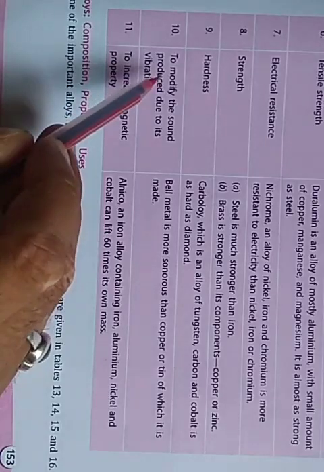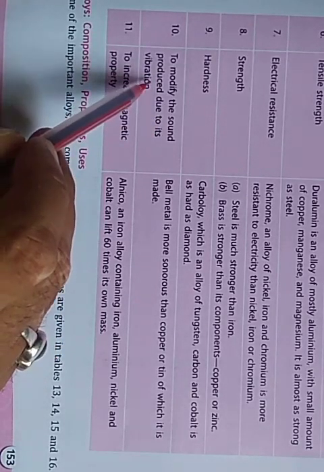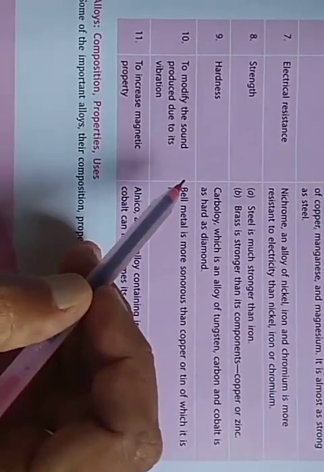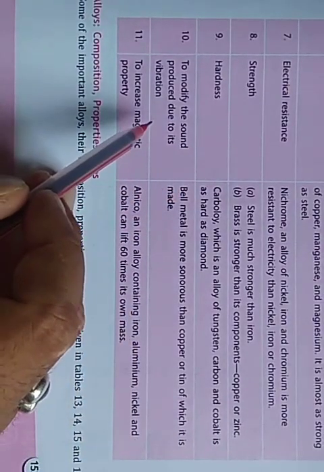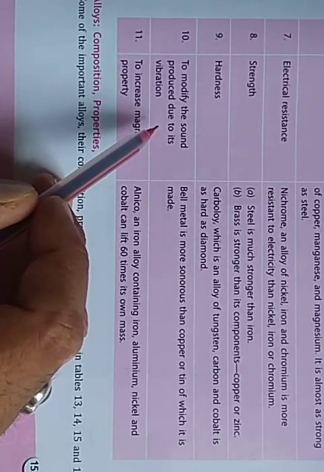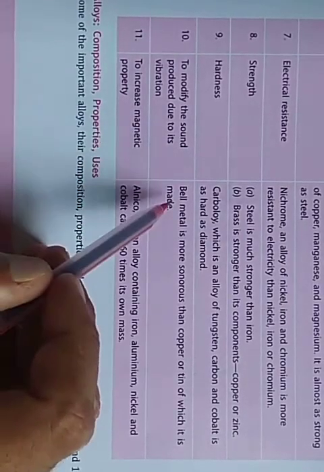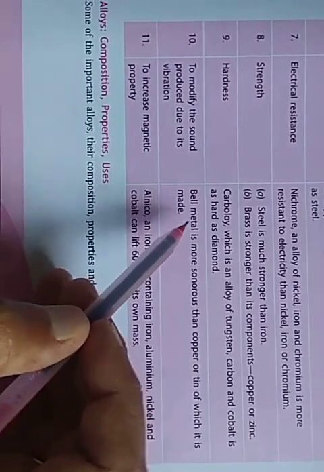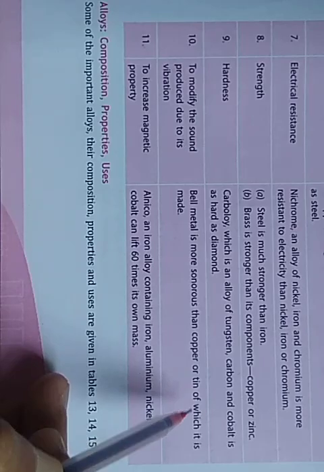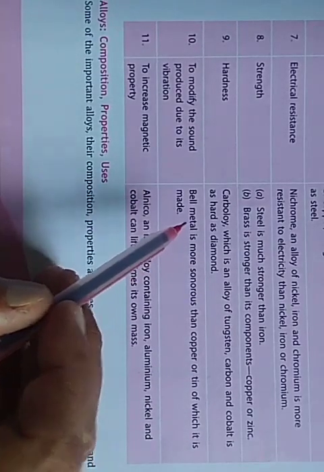Next, to modify the sound produced due to vibration. Generally an alloy has modified sound as compared to its constituent metals. For example, bell metal is more sonorous than copper or tin, of which it is made.